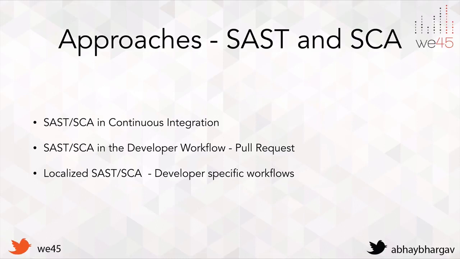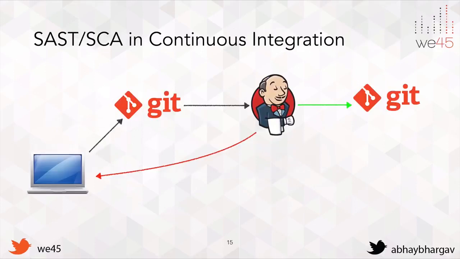And you can use these in your process. So let's look at some of the automation approaches to SAST and source composition analysis, and we'll talk about some of the things that you can do in terms of automation. One of the things you can do with SAST is push it into a continuous integration pipeline. This icon is that of Jenkins.